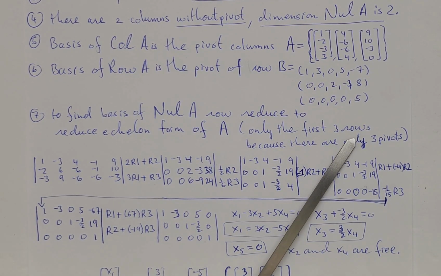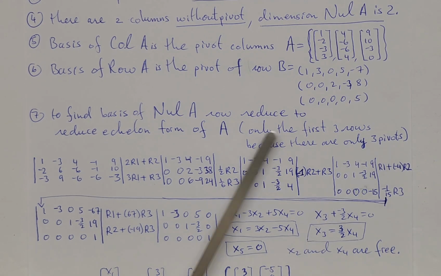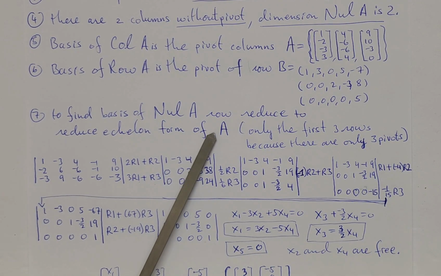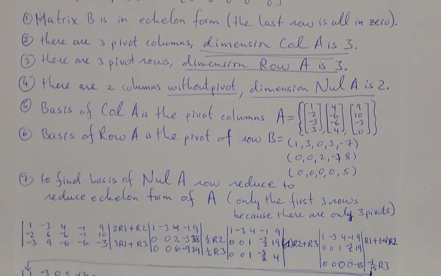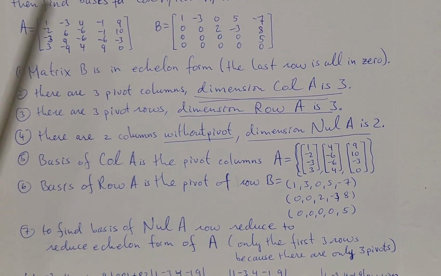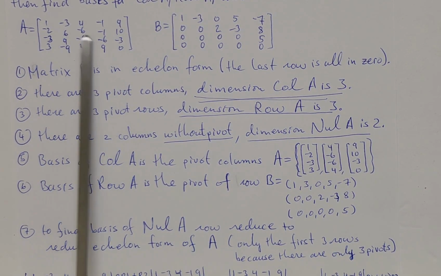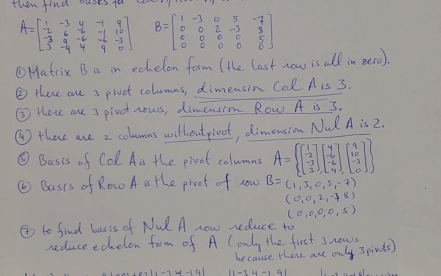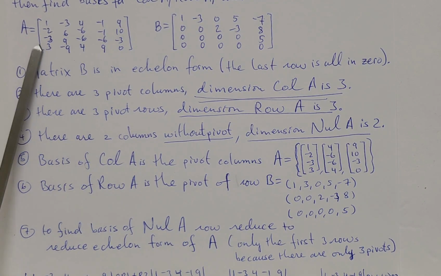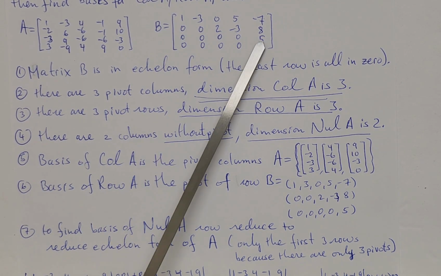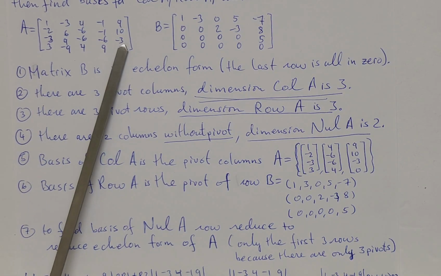We're only going to use the first 3 rows because there are only 3 pivots. We use matrix A because it says null A. Here's my first pivot, second pivot, and third pivot, so we use the first, second, and third rows. The last row has no pivot.